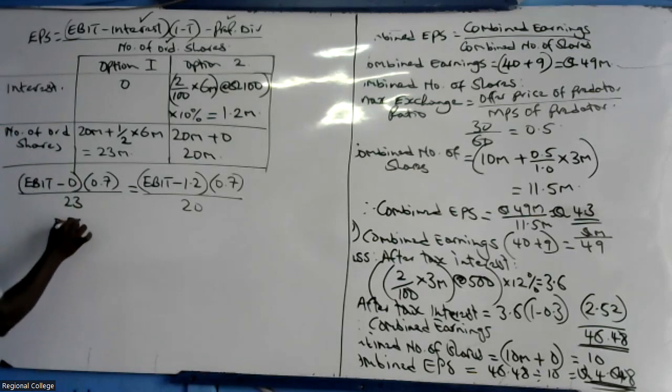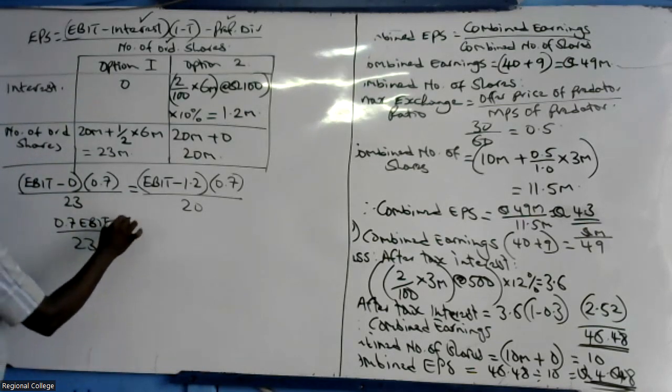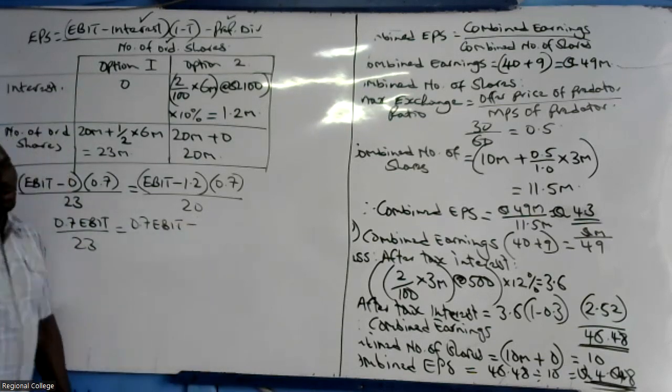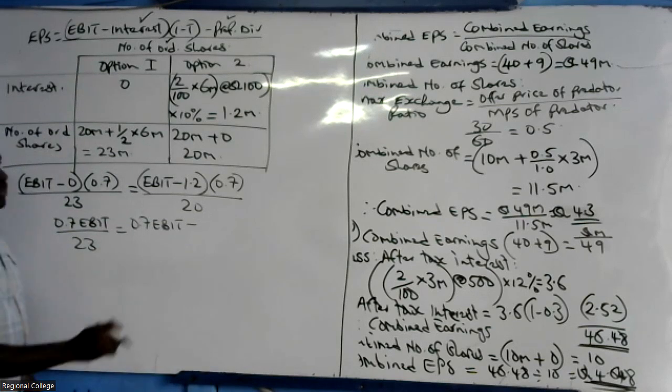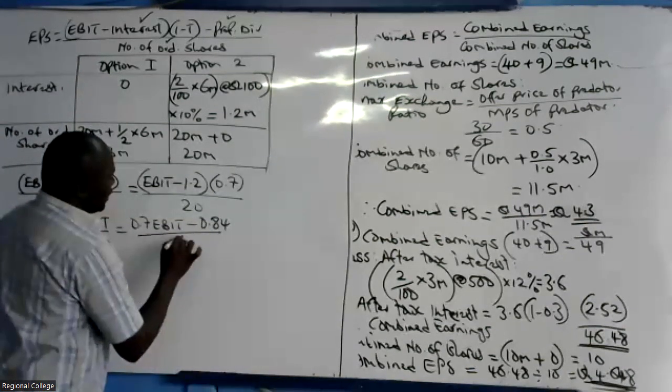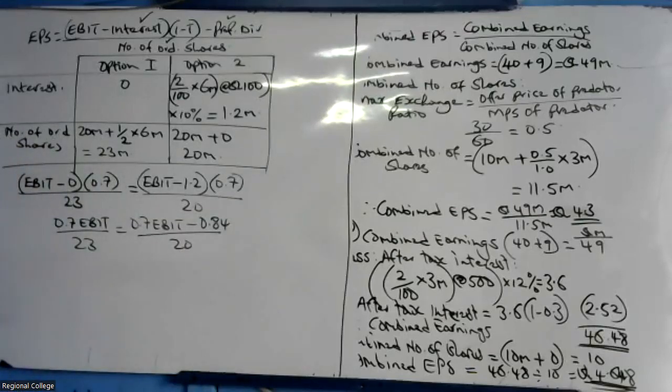Is 0.7 EBIT divided by 23 equals 0.7 EBIT minus 1.2 times 0.7, 0.84 divided by 20. We can cross multiply, right? So 20 times 0.7 is 14.